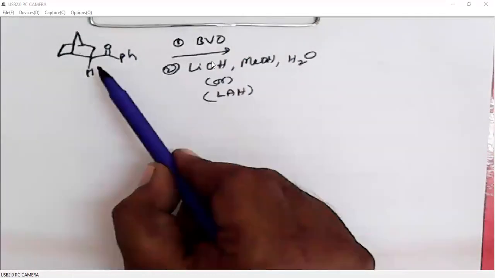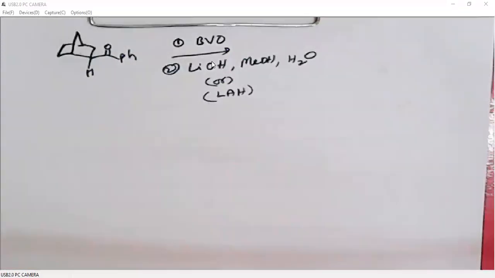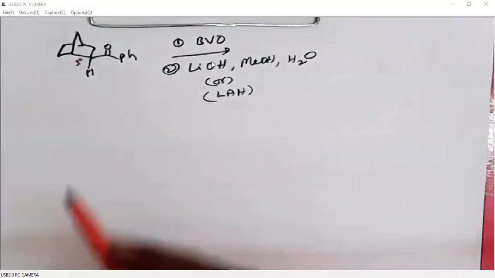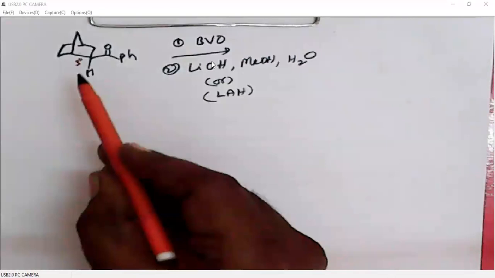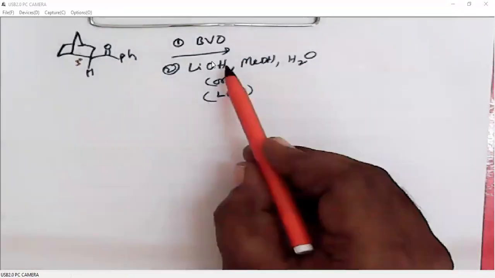Because it is a tertiary carbon and it is a phenyl group, tertiary carbon gets the first priority over phenyl group. So tertiary carbon will migrate. That means an oxygen insertion will take place between this carbon and carbonyl carbon. Okay, and we get an ester.